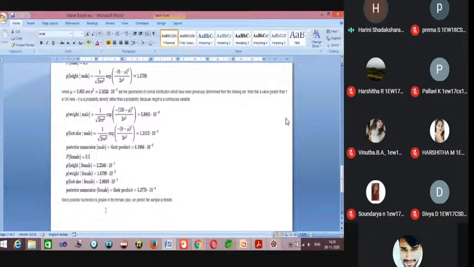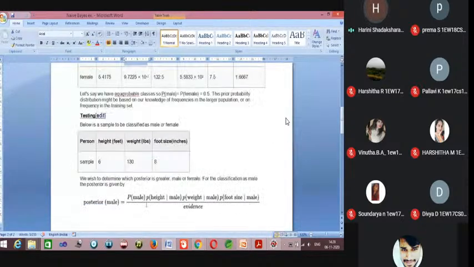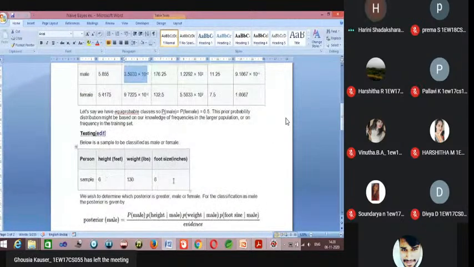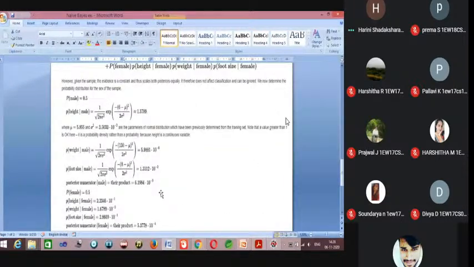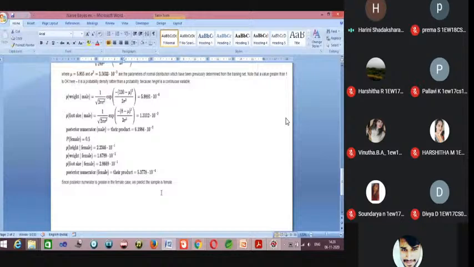The posterior probability of female, which is 5.3778 into 10 power minus 4, is greater than 6.1984 into 10 power minus 9. Hence, I predict this new sample might belong to the class female. That is my prediction.